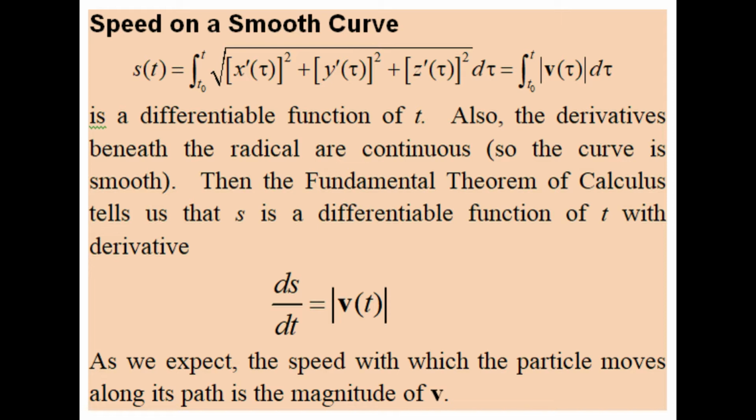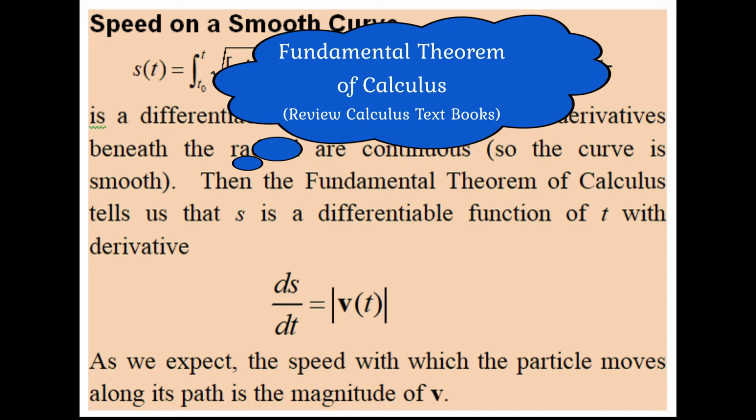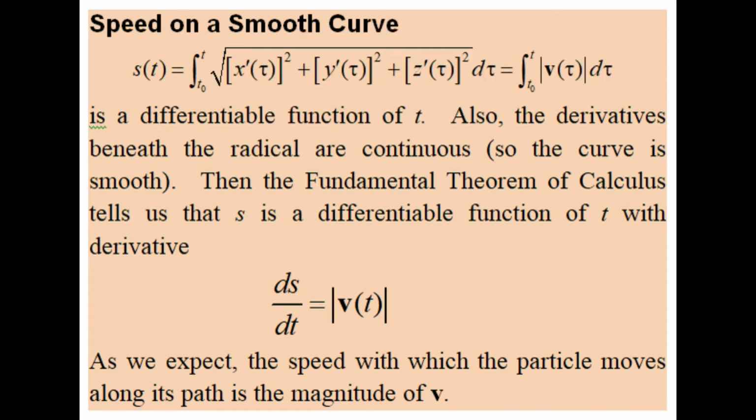Then, the fundamental theorem of calculus tells us that s is a differentiable function of t with derivative ds by dt equal to absolute value of v of t. As we expect, the speed with which the particle moves along its path is the magnitude of v, as we observed in the above equation ds by dt equal to absolute value of v of t.